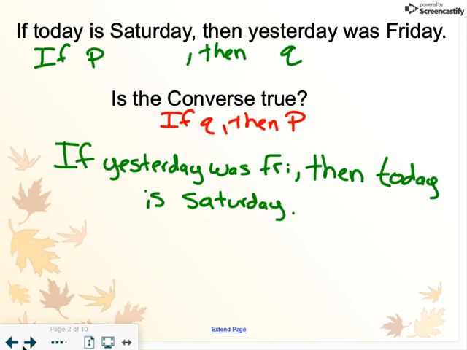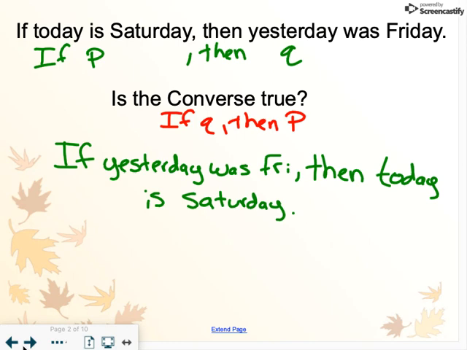So if yesterday was Friday, then today is Saturday. Is that a true statement? Well, let's think about that. If yesterday was Friday, right, the only day where yesterday was Friday would be Saturday, then today is Saturday. Yes, that is a true statement.